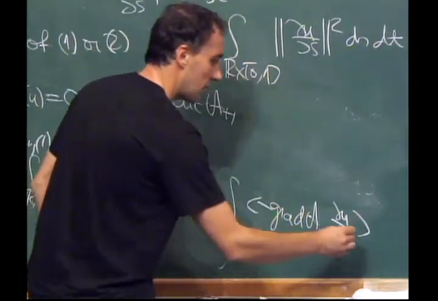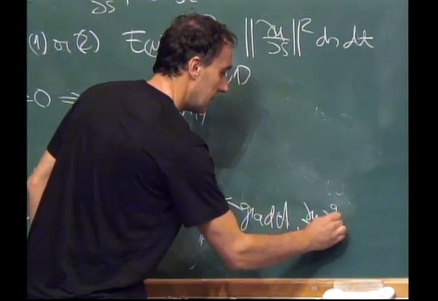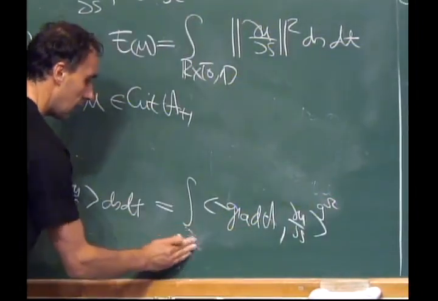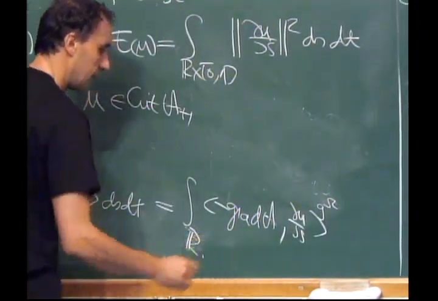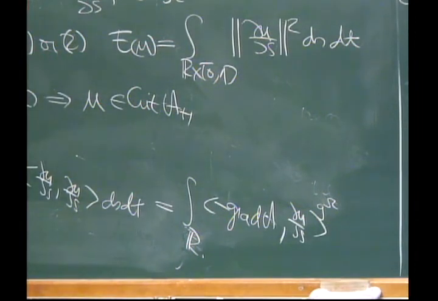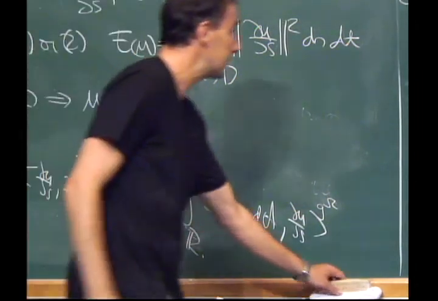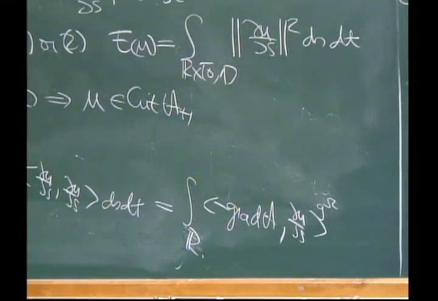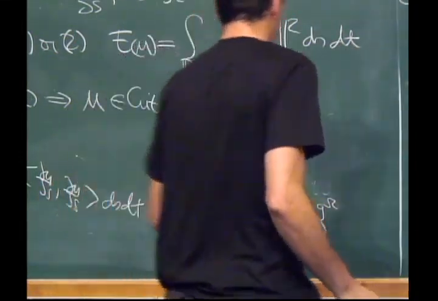So this is the scalar product on Ω, say g_Ω, and this integral is on R only.